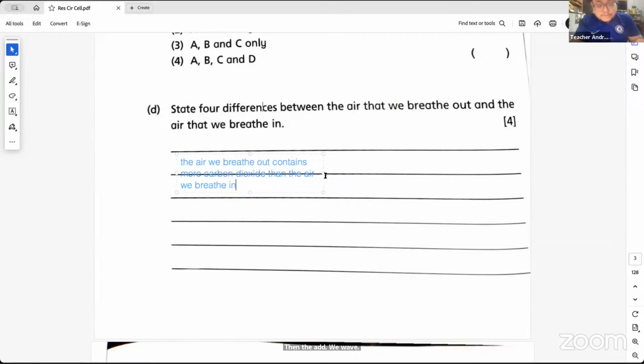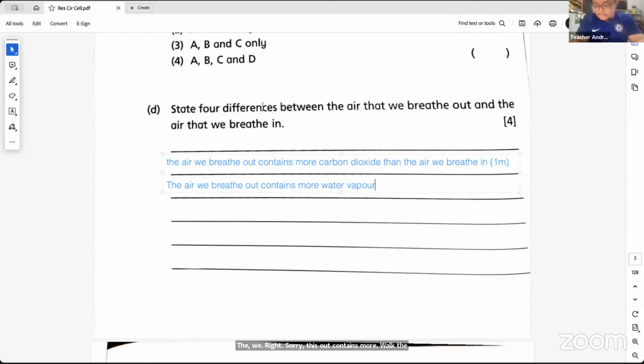All right, this is considered 1 mark. The second difference is the air we breathe out contains more water vapor than the air we breathe in. This is another 1 mark.